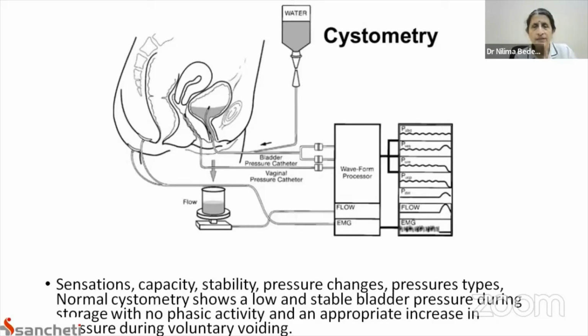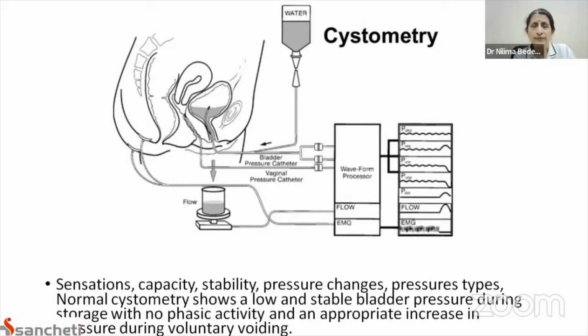If there is a pressure change observed, that reflects that the bladder is contracting, and it reflects the overactivity of the bladder during the storage phase. So then we can see that that is a problem, and then the leakage is observed because the bladder is contracting. The contraction force will determine the leakage there.